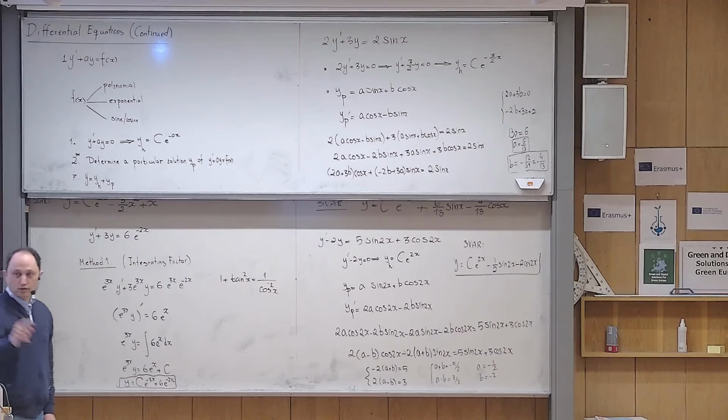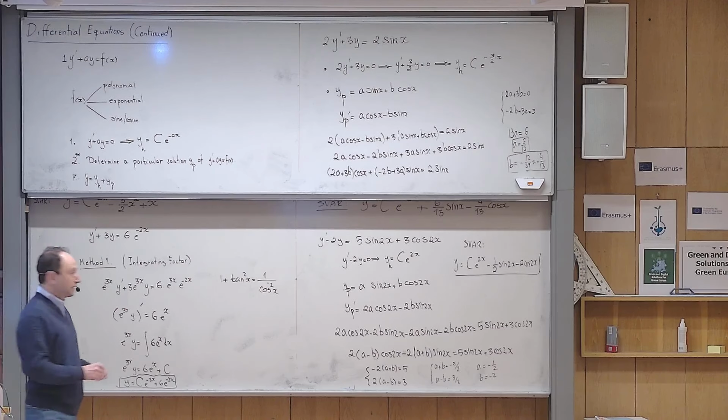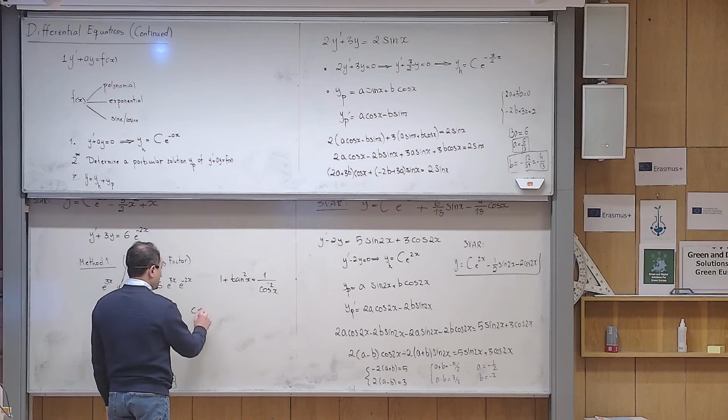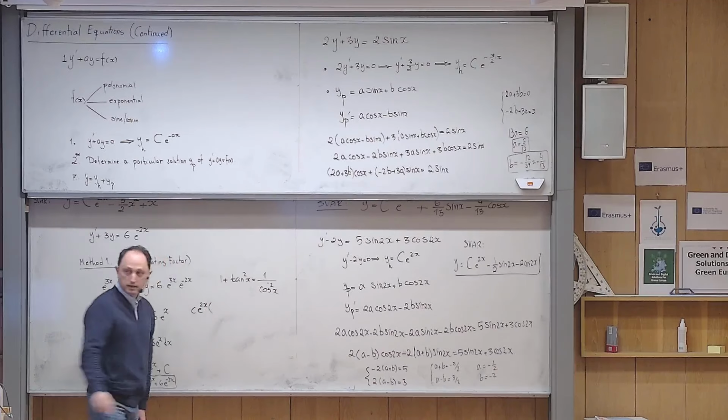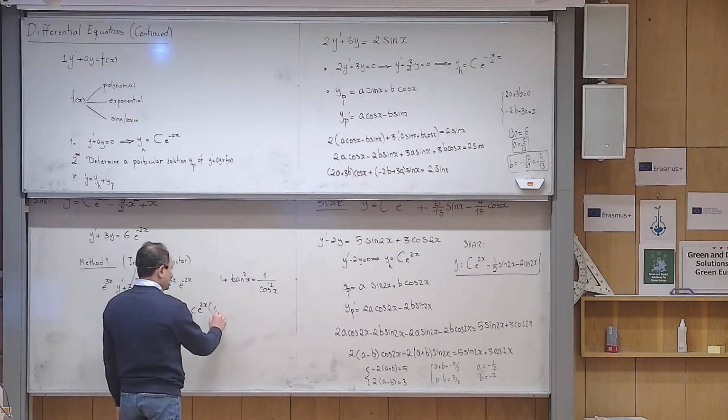So between this one and that one, I can factor this expression out. 1 plus tan squared x is left, and then the rest of it. So it becomes c e to the power of 2x, and then 1 plus tan x squared.